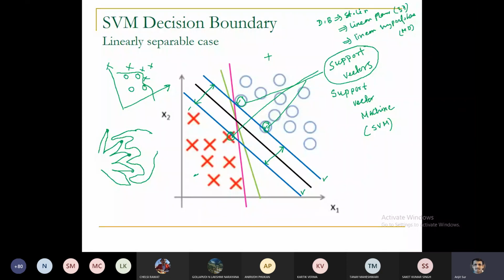So my question is: if we say the tips of the fingers are data points, is this linearly separable or not? Because you see there is no linear line. If you have to separate it, you have to draw it like that. So it is clearly linearly non-separable.